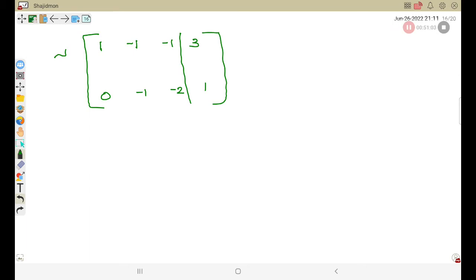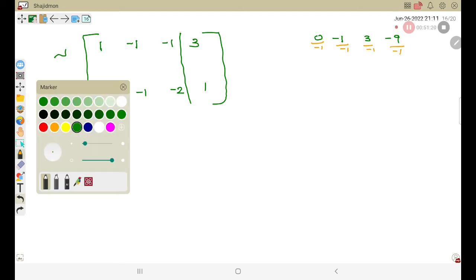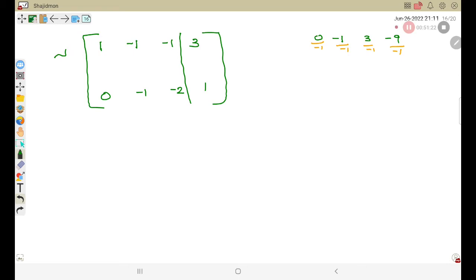What was the number in the second row? Minus 1, 0, minus 1, 3, minus 9, correct. So first number divided by minus 1, second number divided by minus 1, third number and fourth number, last number, correct. So you will get the answer like 0, 1, minus 3 and 9, correct.